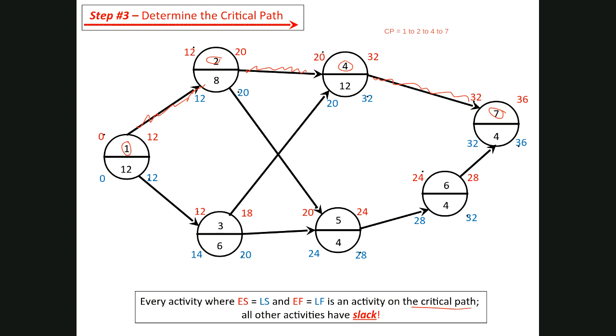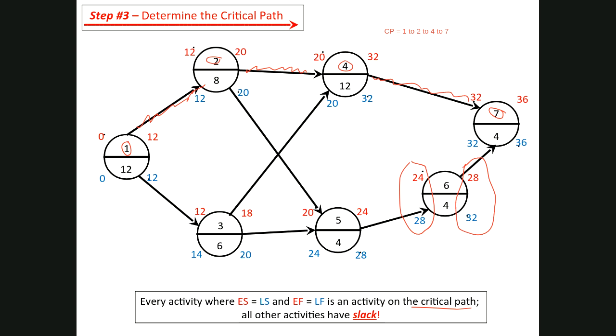Now, what about these others? What about task 3, task 5, and task 6? What can you say about them? Well, let's take a look at task 6. All right. So let's look at the early start and late start and the difference between the earliest finish and the latest it can finish.